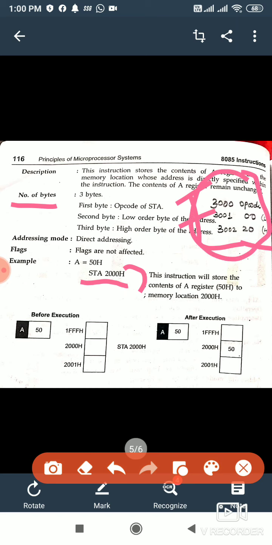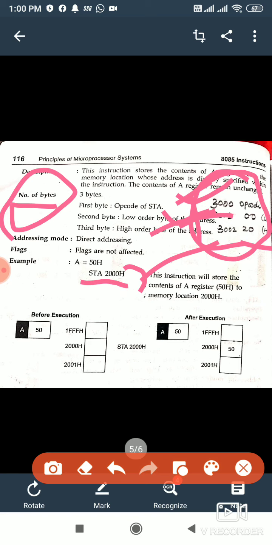So here we are using opcode fetch as the first cycle. The next cycle is reading this 00 from 3001. Then we are reading 20 from 3002. So opcode fetch with 2 memory read cycles.